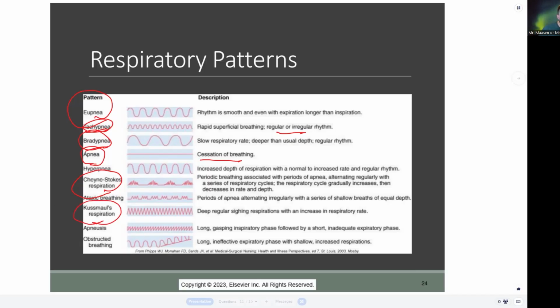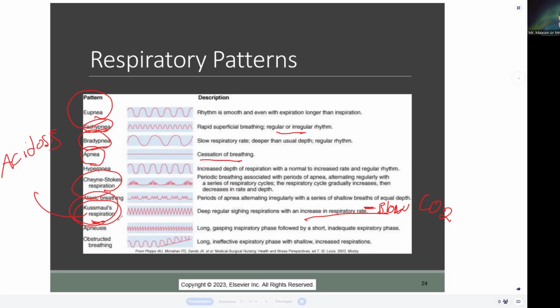Kussmaul's respirations are deep, regular, sighing respirations with an increased rate. You see this as the body trying to blow off CO2. You'll see these more in line with acidosis, because this is a compensating mechanism.